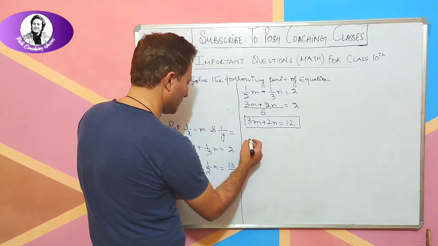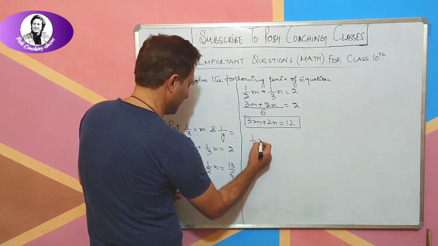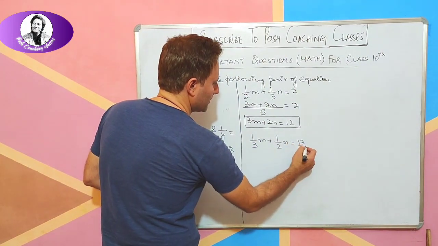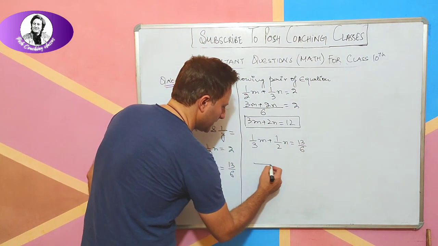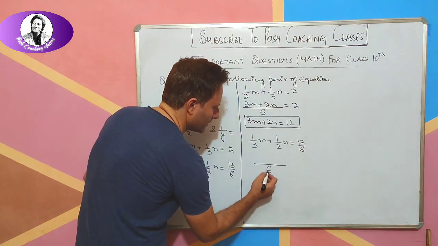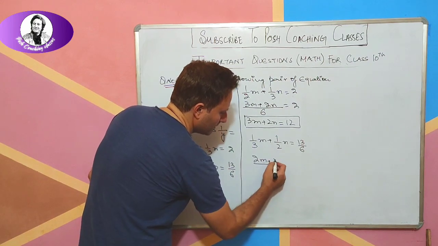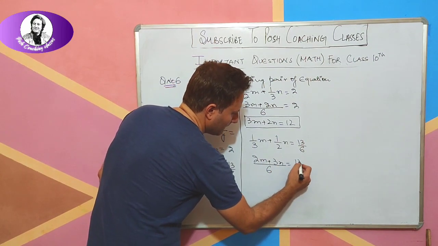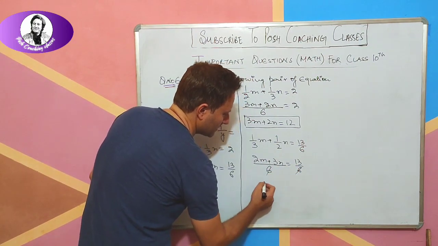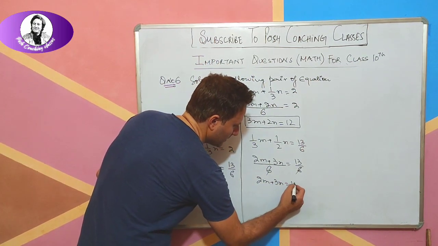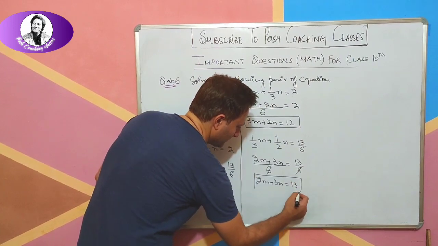Similarly, I have another one, that is 1 upon 3m plus 1 upon 2n is equal to 13 upon 6. I'll take the LCM, 6, 3 into 2, 2m, 2 into 3, 3n, 13 upon 6. This 6 and 6 goes, 2m plus 3n is equal to 13.